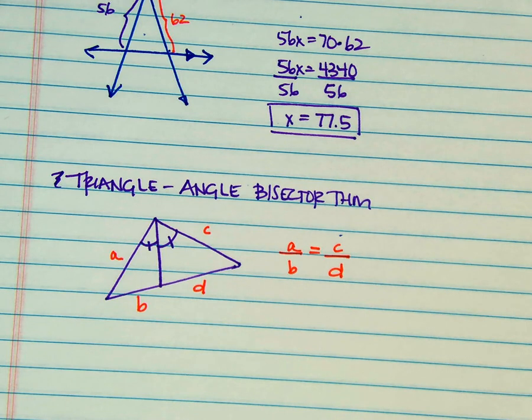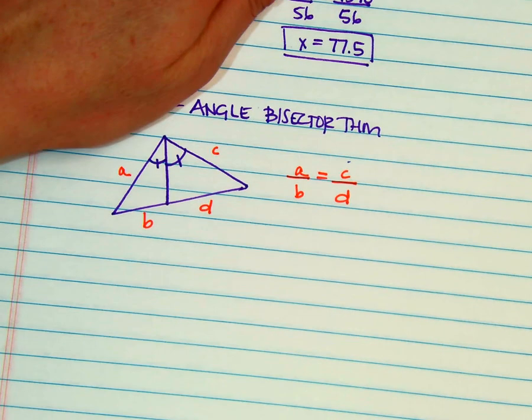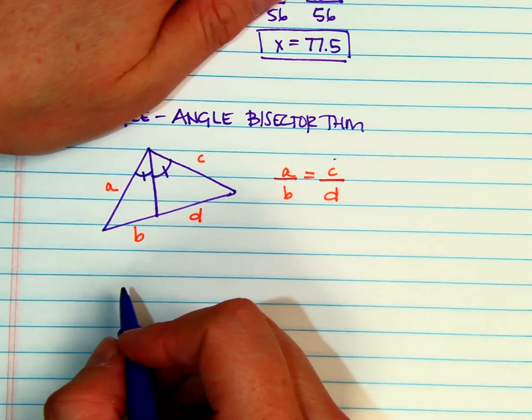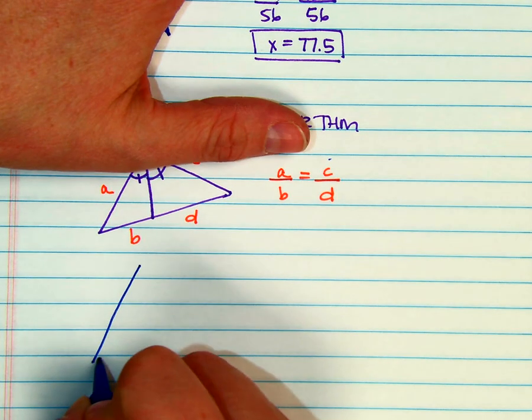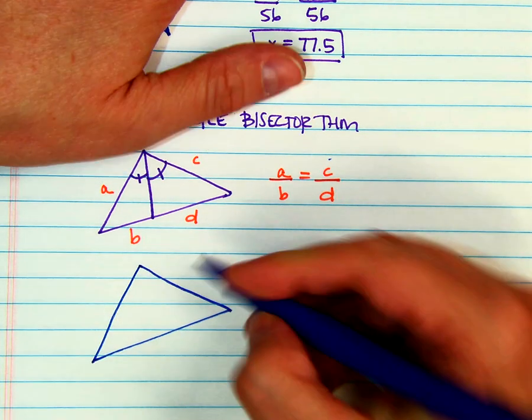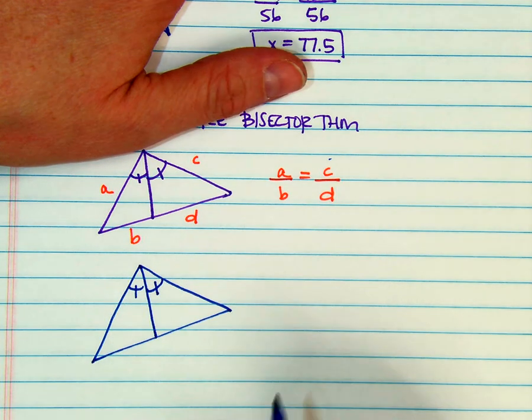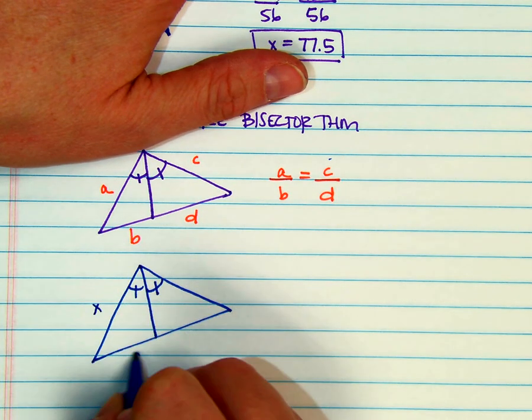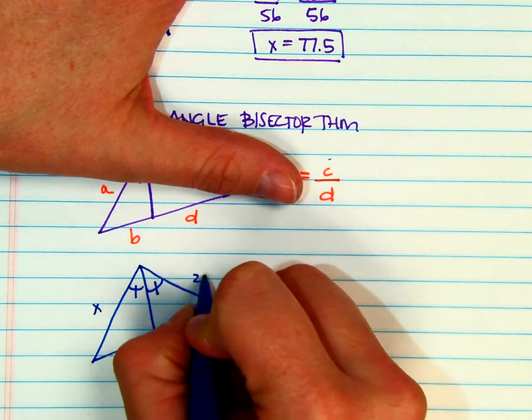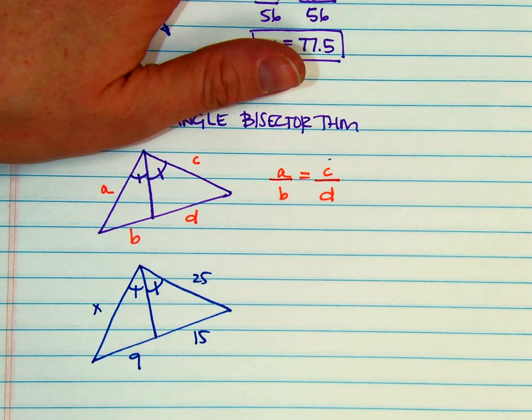So if I put this with a real problem, sorry, it's crooked. Okay, so we have to have an angle bisector. And we have x, 9, 25, and 15.